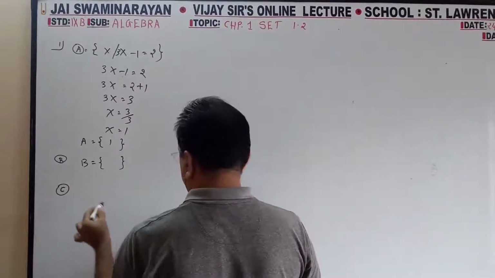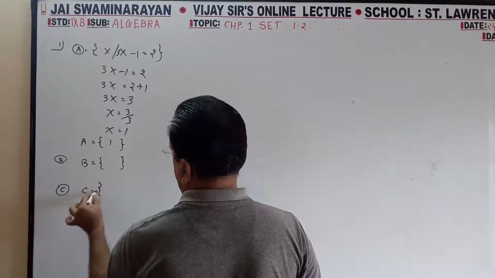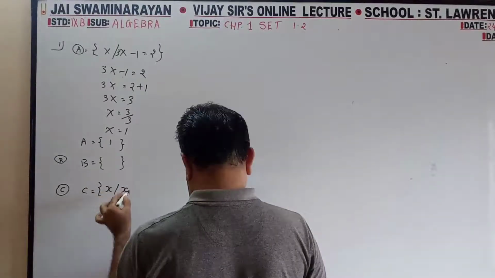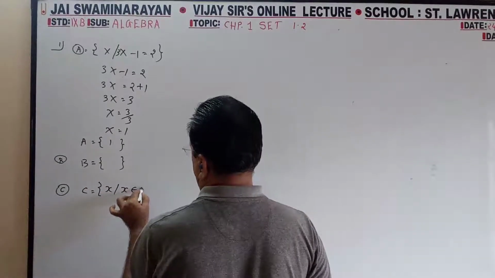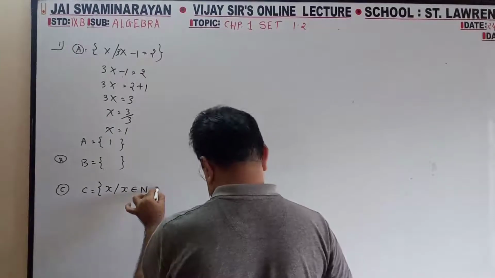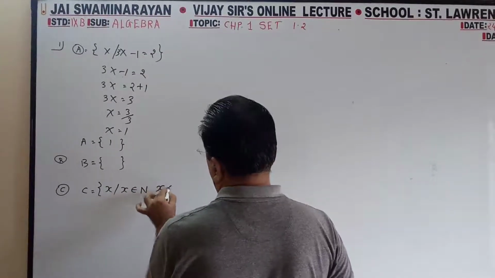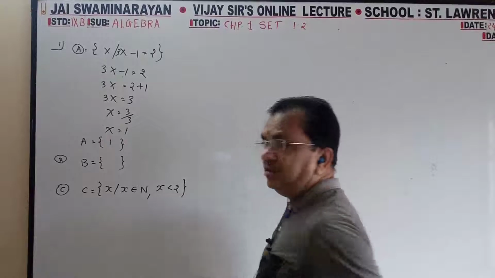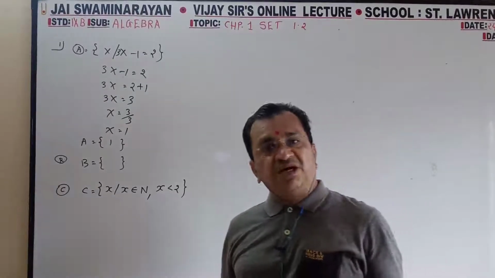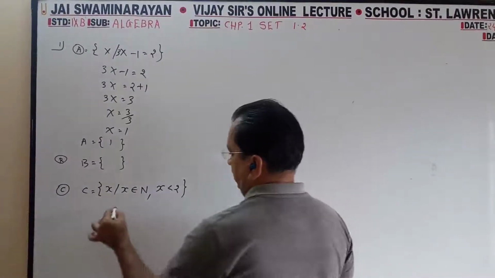C. X belongs to natural number, but x is less than 2. Natural number but less than 2, that is only a single 1.